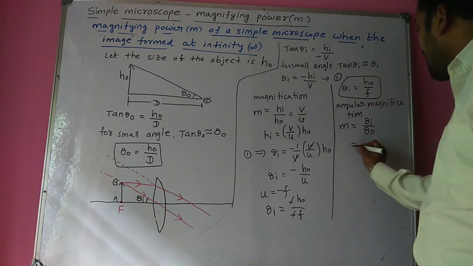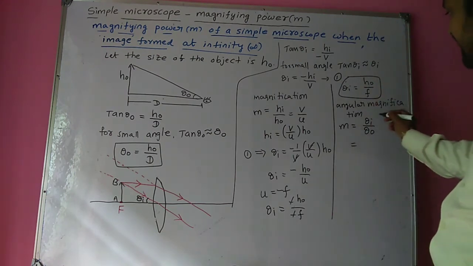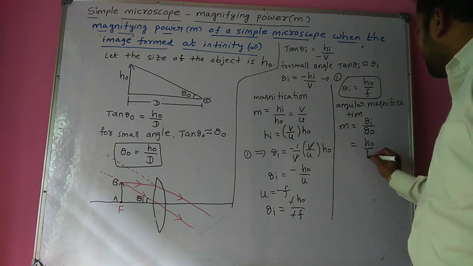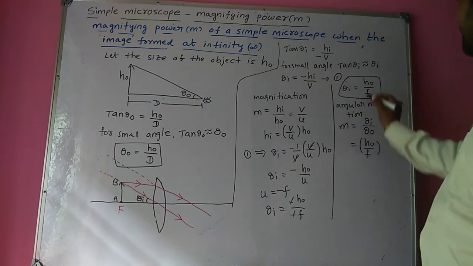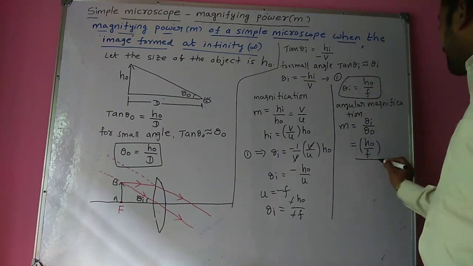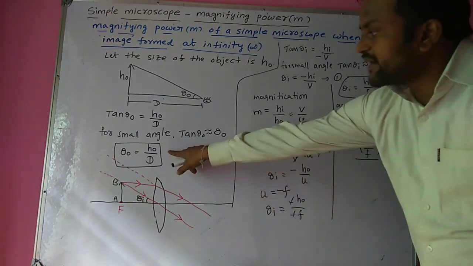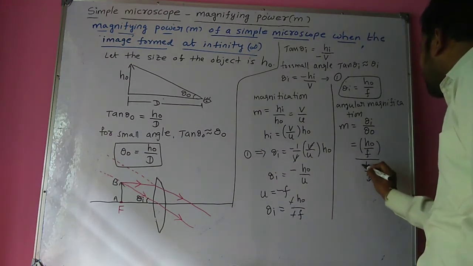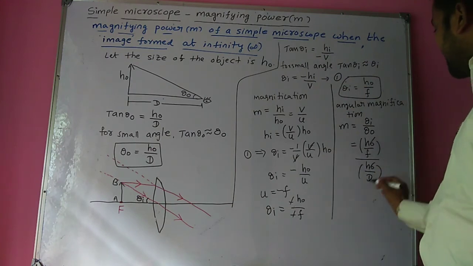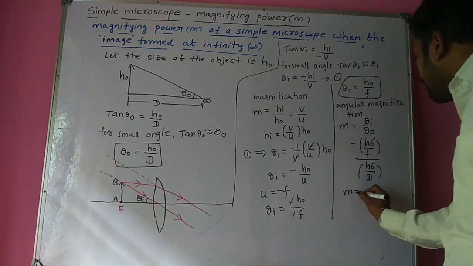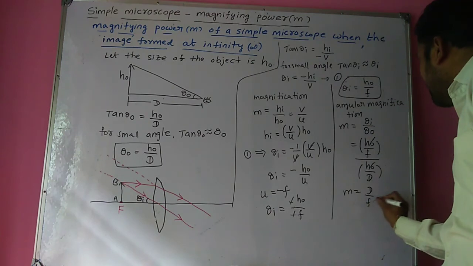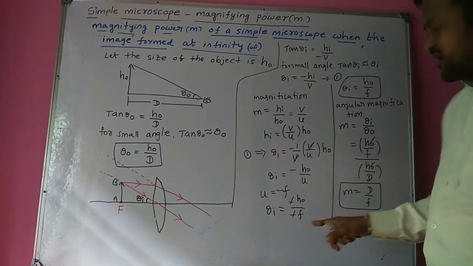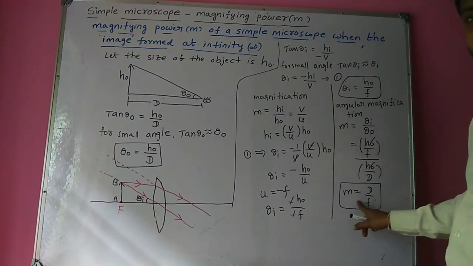Theta I is HO by F, over theta O which is HO by D. So HO cancels and D goes to the numerator, and we get M is equal to D by F. This is the magnifying power of a simple microscope when the image is formed at infinity.